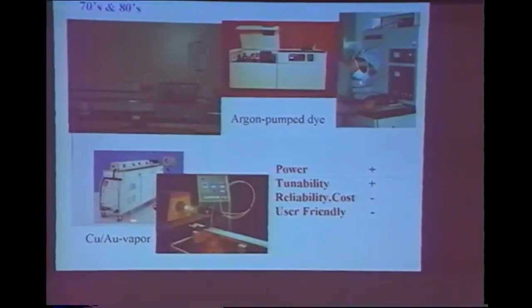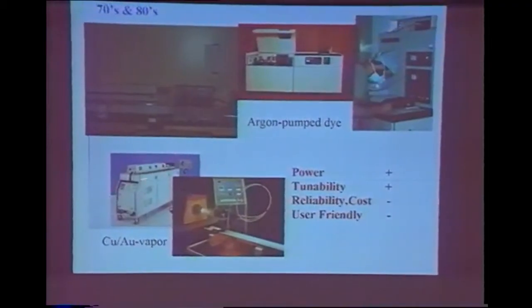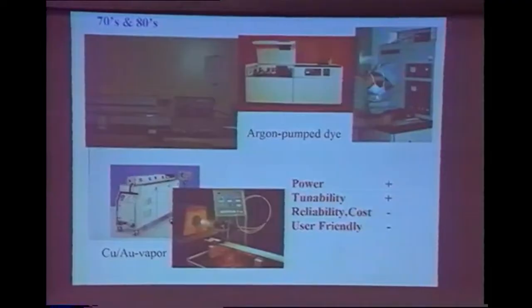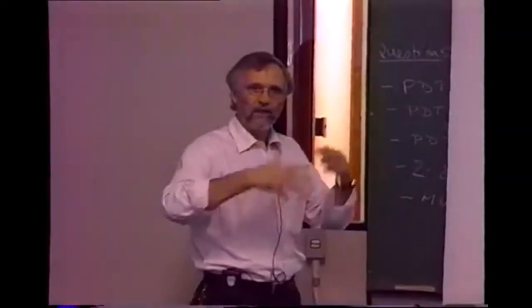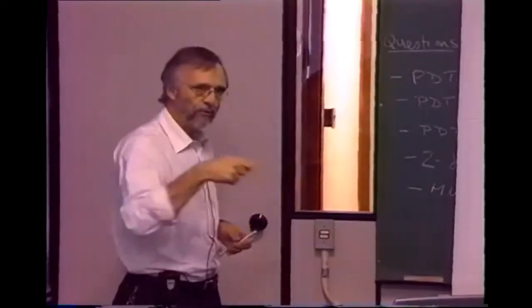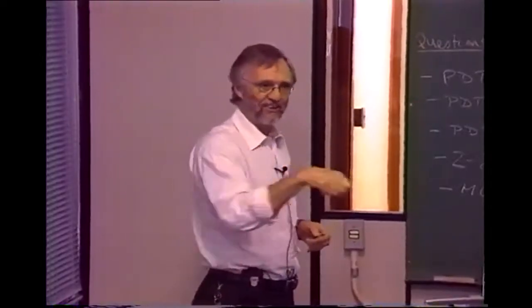A number of groups use copper or gold vapor lasers, these huge monsters, which have a ceramic tube, and you feed gold into it, and it reaches very high temperature, it's vaporized, and lases. So you have to keep putting gold into this. It's like children, you have to supply gold.